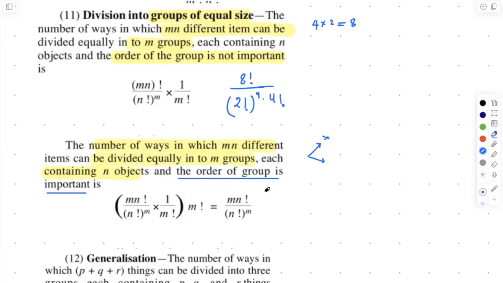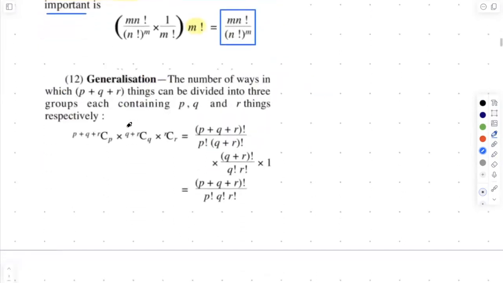So whenever the order is important, we just multiply by m factorial. We use this formula whenever the order of the group is important, and this one when the order of the group is not important. Any doubt? I hope no issues are there.